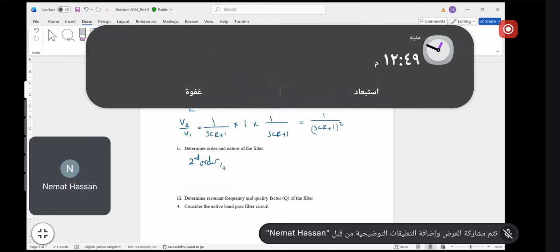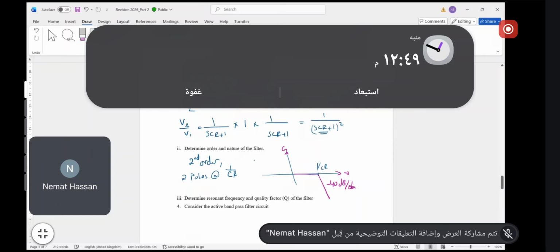If you look here, it has 2 poles, both at 1 over CR, right? So if you are to plot it at 1 over CR, it will start to drop sharply with minus 40 decibels per decade, right?